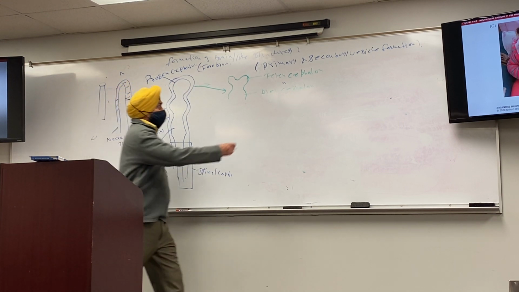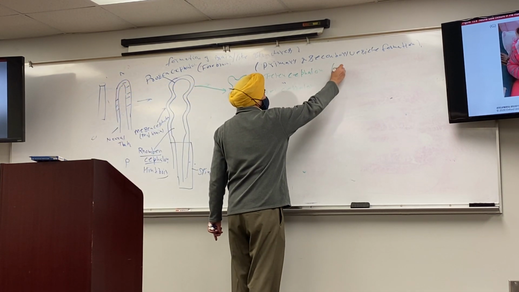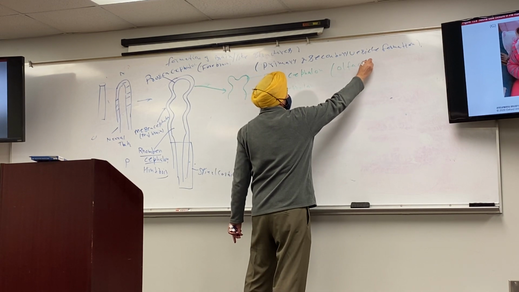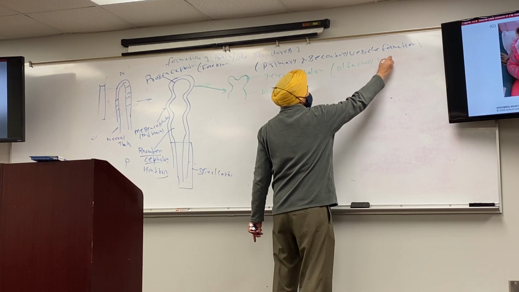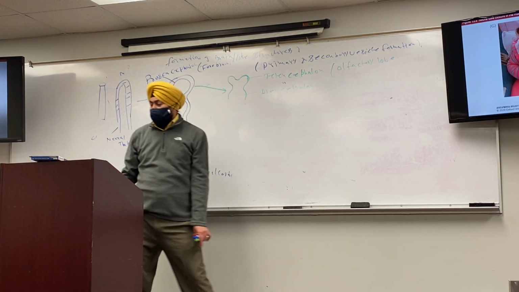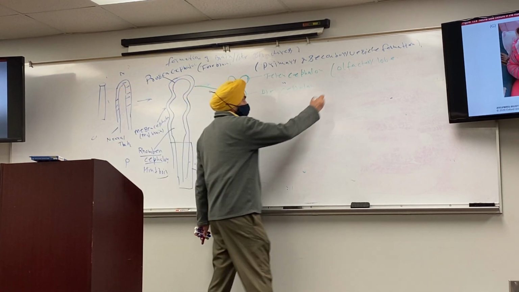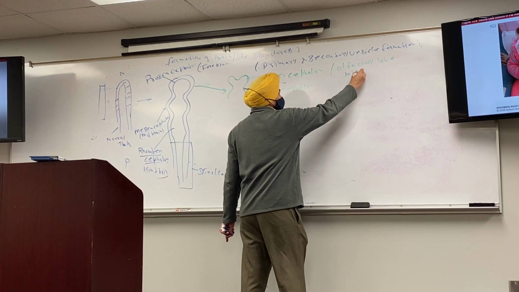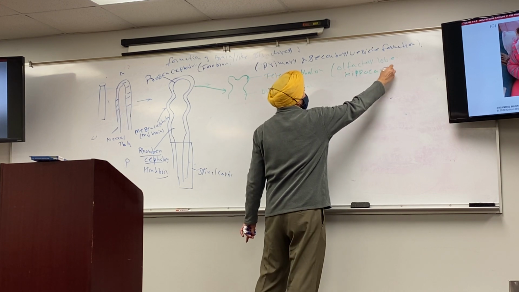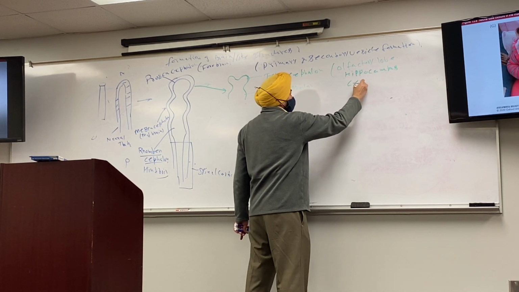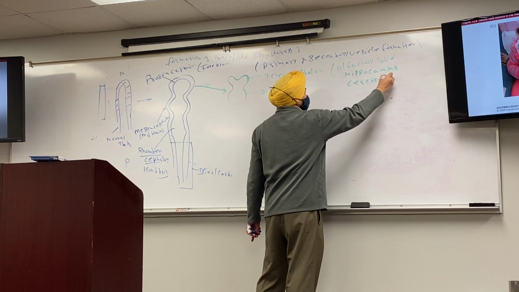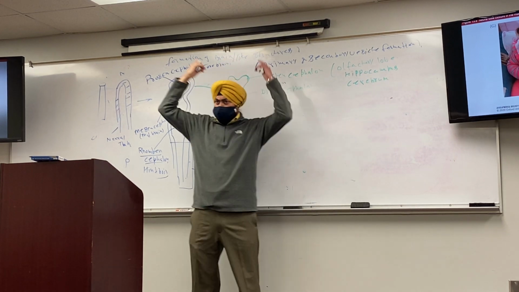Telencephalon is going to give you the olfactory lobe, which is for your smell. Then it's going to give you hippocampus, memory function, and cerebrum. Cerebrum is the two cerebral hemispheres which are there.